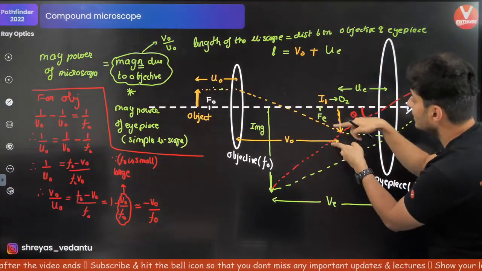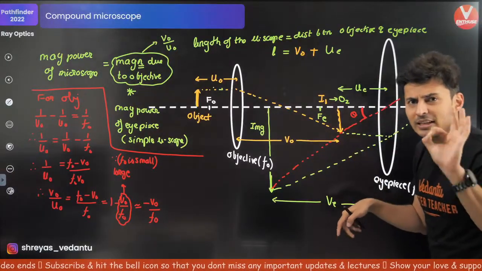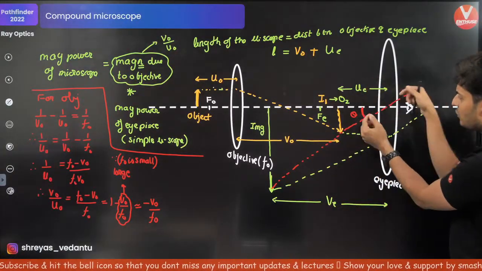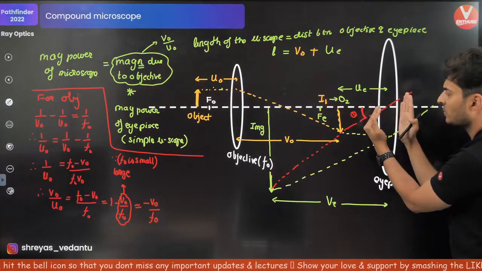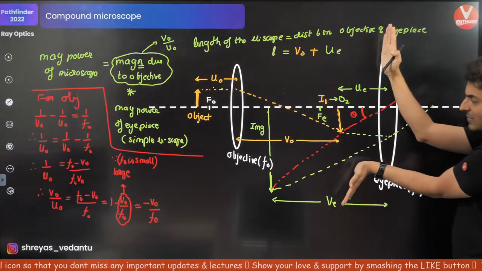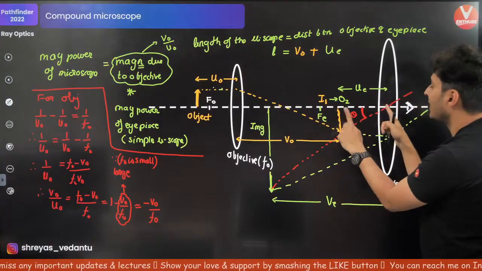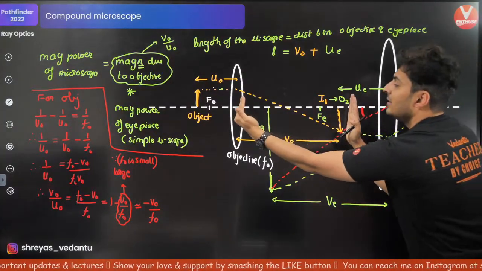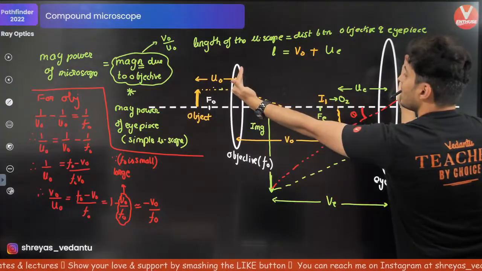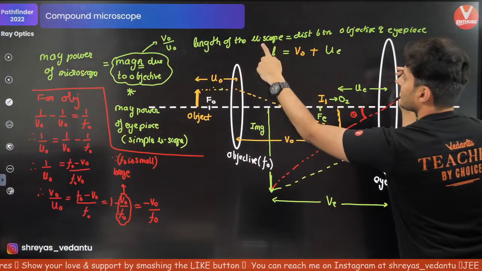I'll repeat, this image is generally placed in such a manner that it forms very close to the lens so that the image gets magnified. And not just that, you will see that because the image is very close to this eyepiece, this distance is roughly the distance between the two lenses.